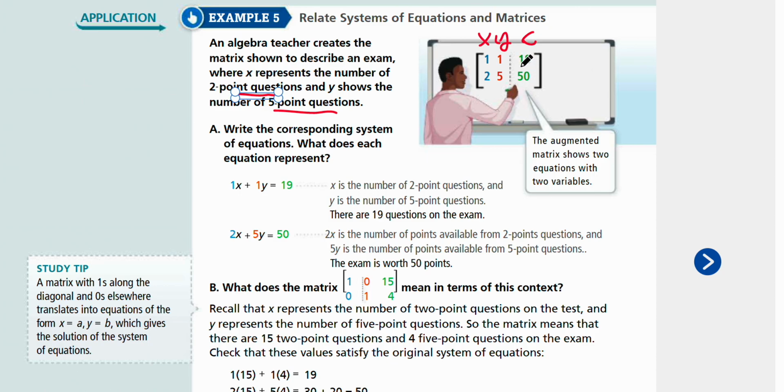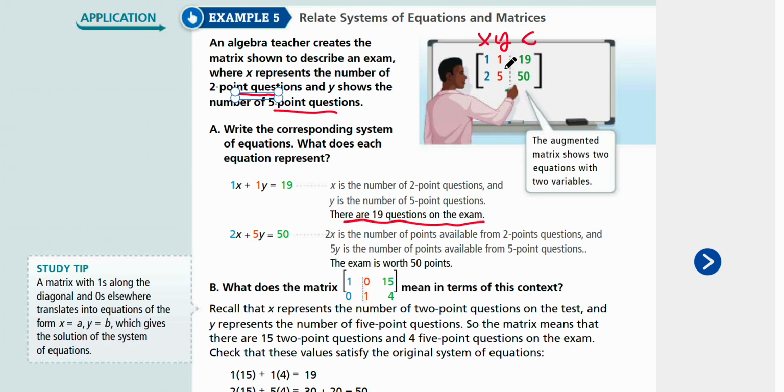You can probably figure it out by writing down the equation. 1x plus 1y is equal to 19. That means the number of 2-point questions plus the number of 5-point questions would be 19. So we can say that there are 19 questions on the exam total.